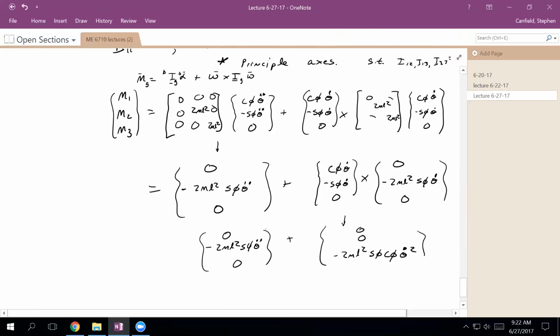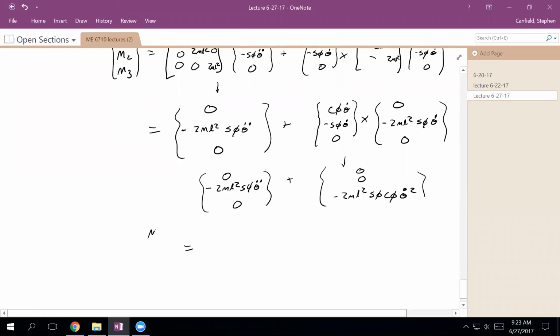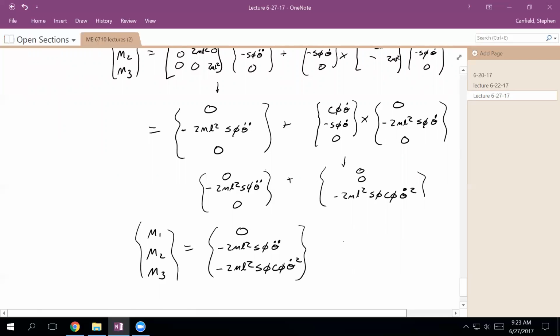And finally, the answer. M1, M2, M3 is 0, minus 2ml squared sine phi theta double dot, minus 2ml squared sine phi cos phi theta dot squared. And from our free body diagram, we had those F1, F2.